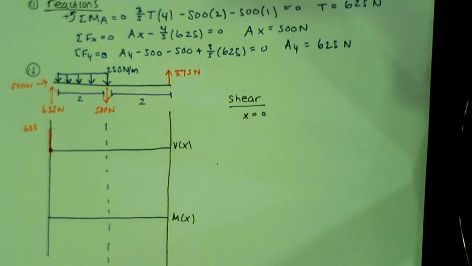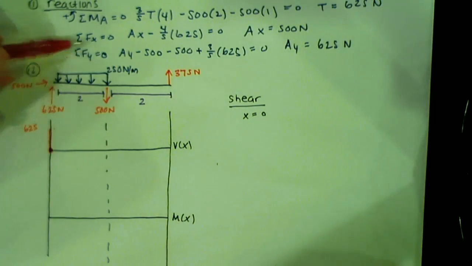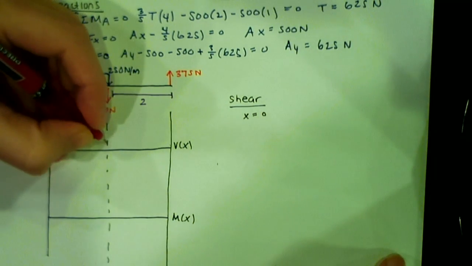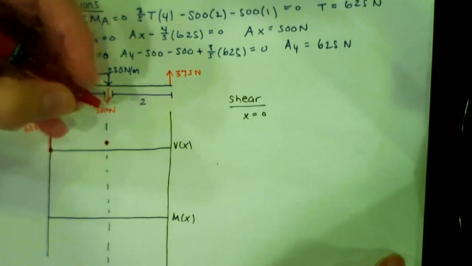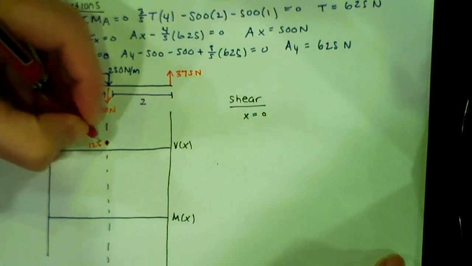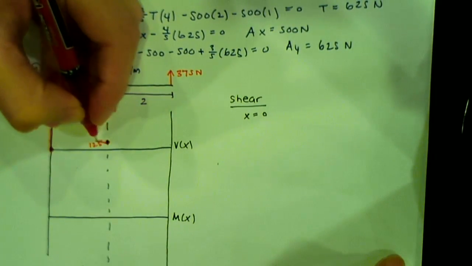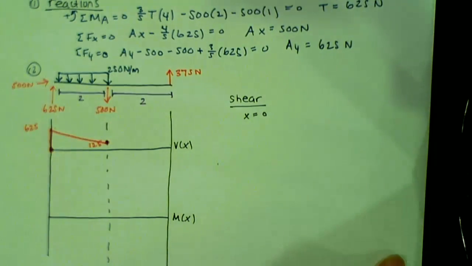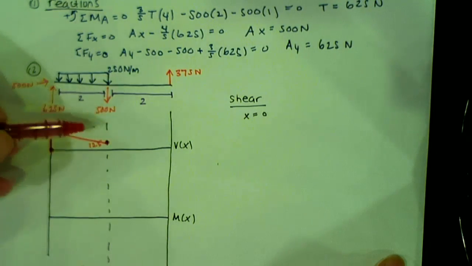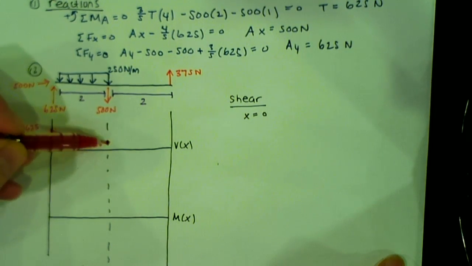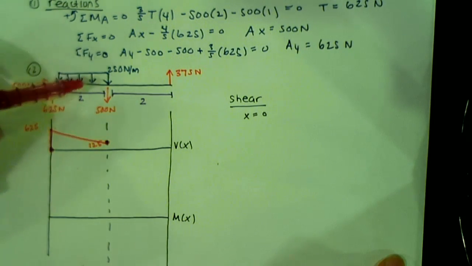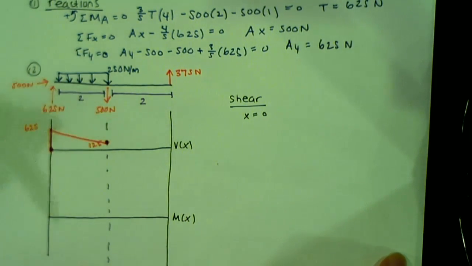If you integrate a constant number, you get a linear equation. So he's going to get pushed down a total of 500, which means we're going to end up right here at 125. And we said that that is a straight line. Now what happens to Donkey Kong whenever he reaches this point here? Yeah, that 500 Newton force knocks him down.